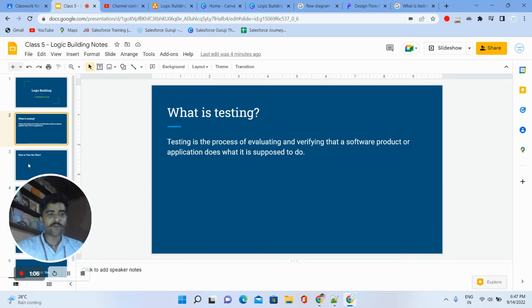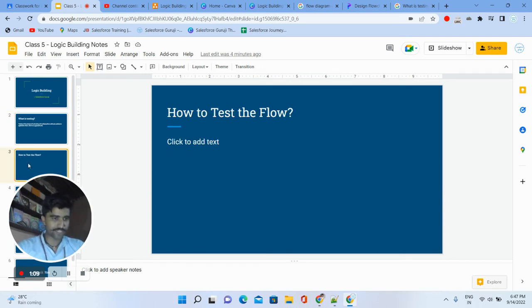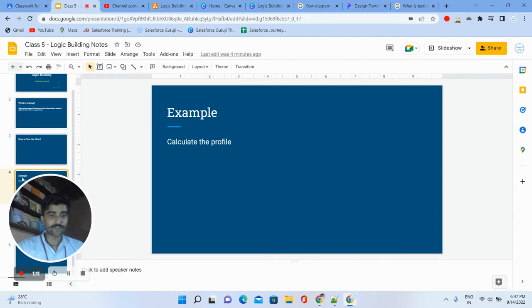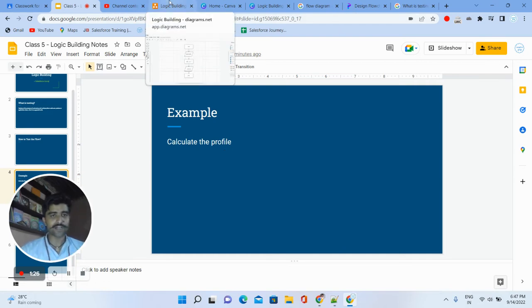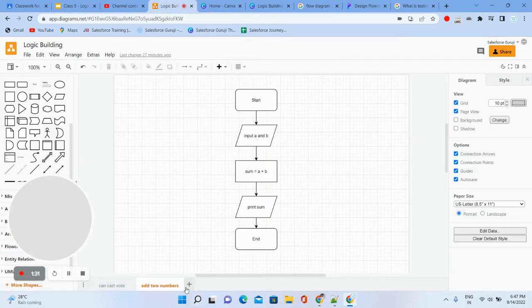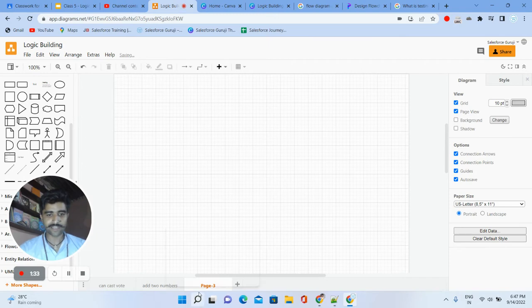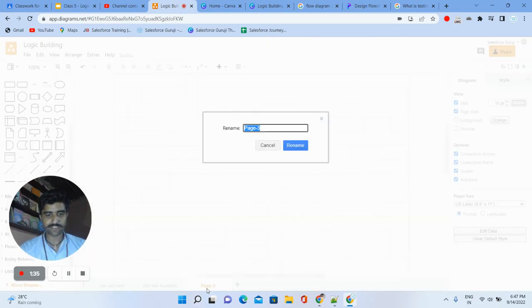Now, how can we test our flow? First of all, we need to create a flow diagram, then only we will know how to do it. So we are creating a basic example of calculating profit. First of all, go to draw.io, create a new one, and call it calculate profit.